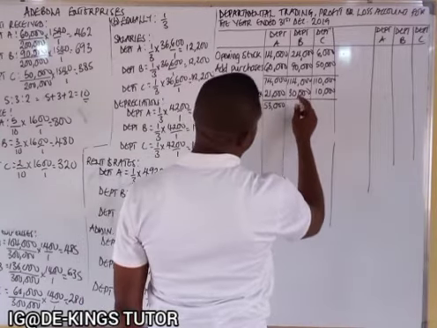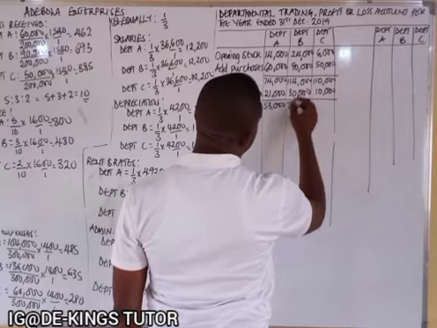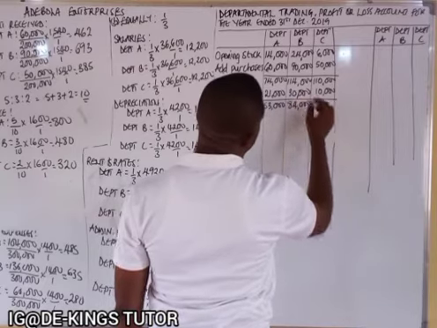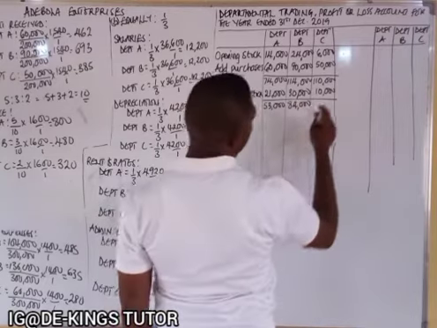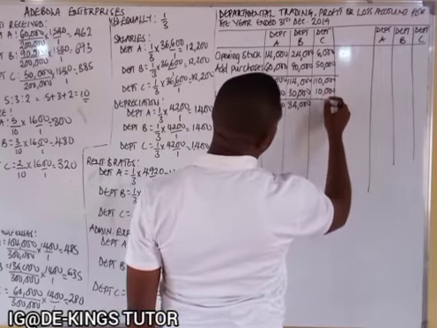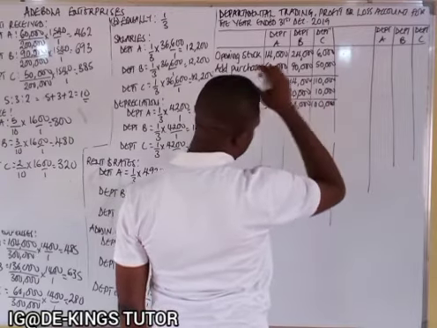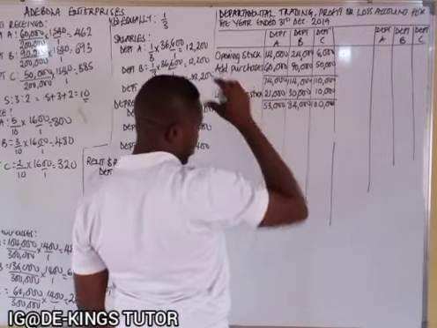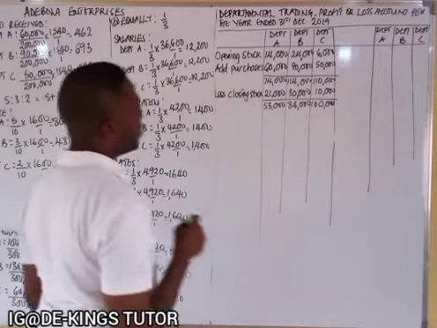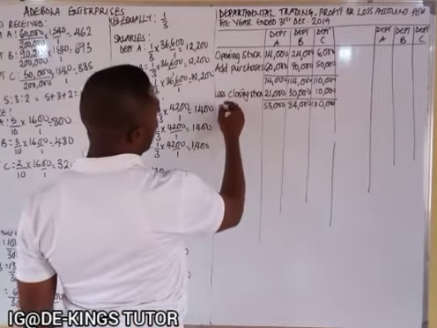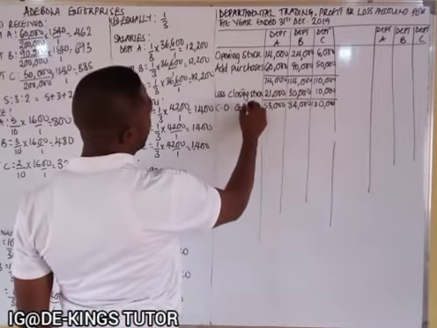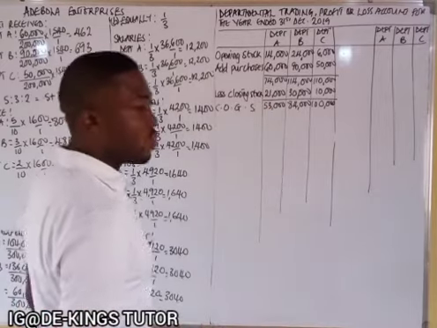Now we have 84,000. We have 100,000. Okay, so this is the cost of goods sold.